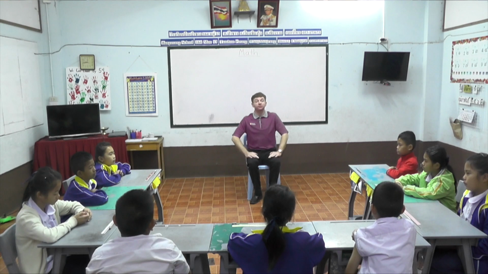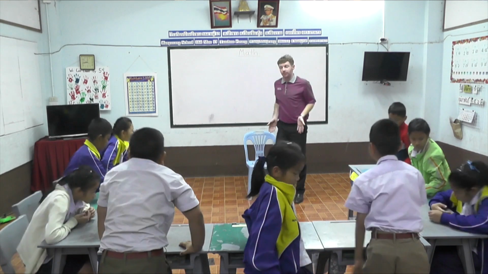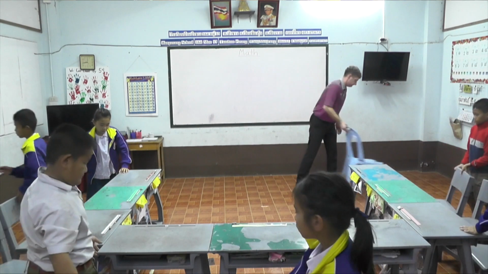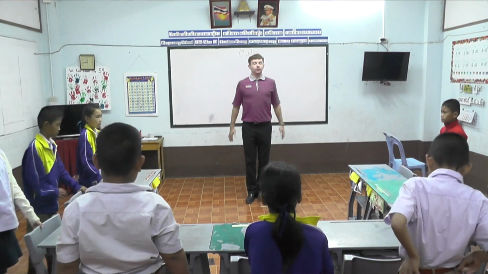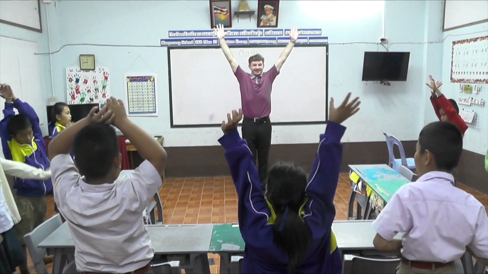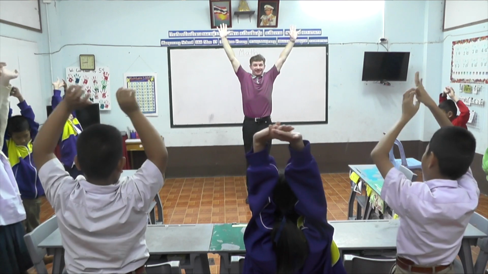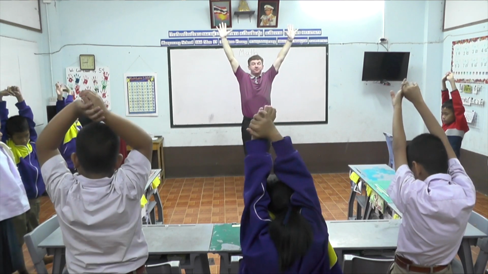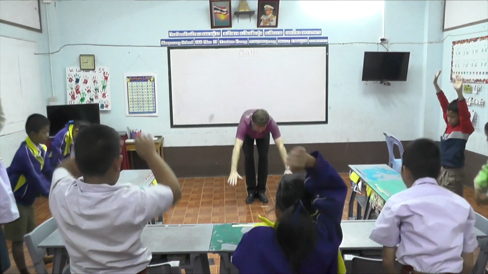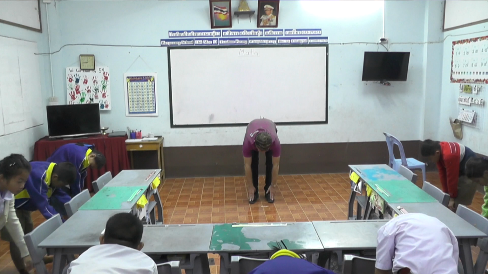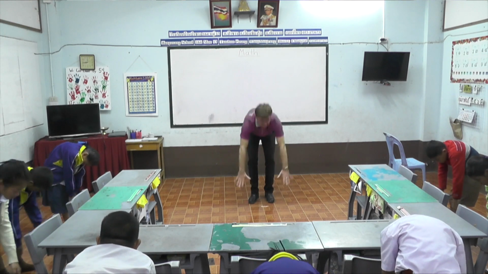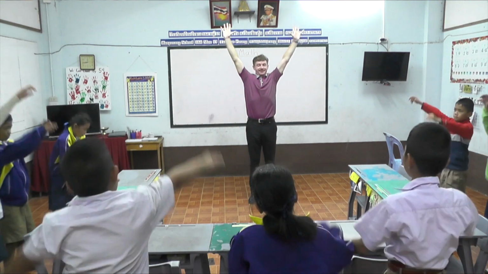And next we'll do our stretching sequence, so let's stand up and push in our chairs. And we'll begin by stretching up high to the sky. And then let's go down low, touch our toes. And now we'll go back up high.